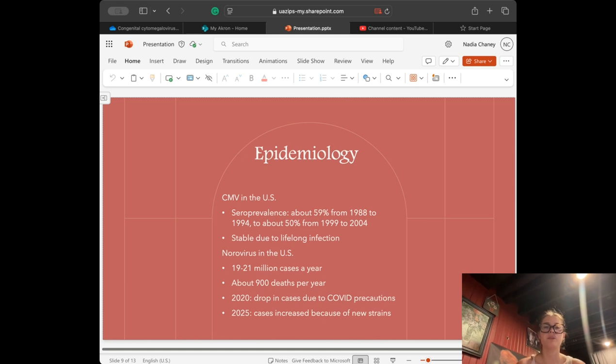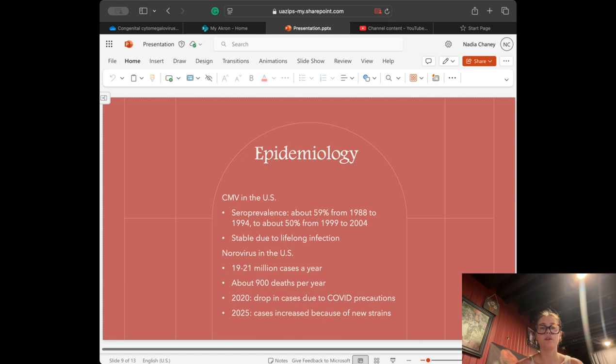And then norovirus in the US, there's about 19 to 21 million cases a year, and only about 900 deaths per year. So that's pretty good compared to the amount of people that get it.